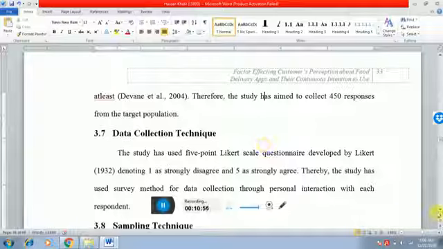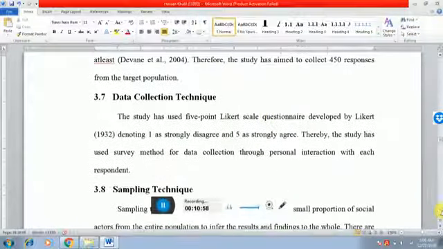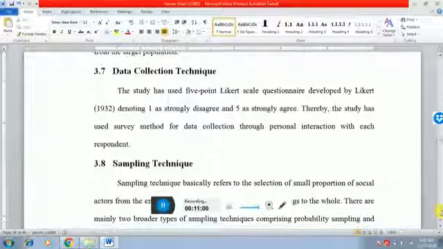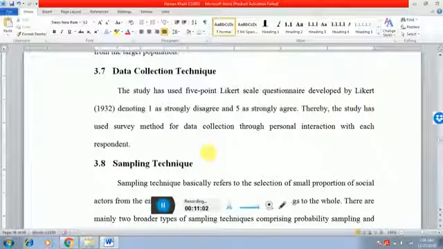And okay, in the heading of data collection technique, you should explain your questionnaire in depth, such as your questionnaire comprised two parts. The one is related to the demographic profile, in which questions related to age, gender, education, and whatever you ask in your questionnaire, you have to provide the information of that particularly, and then you have to provide the information related to the items of the constructs, that is variables.